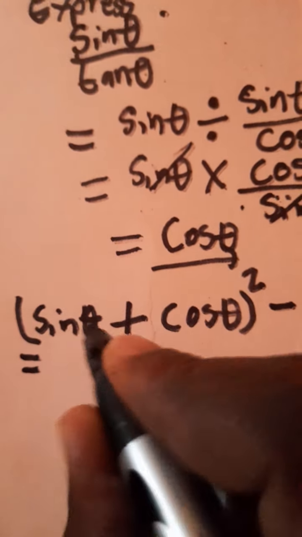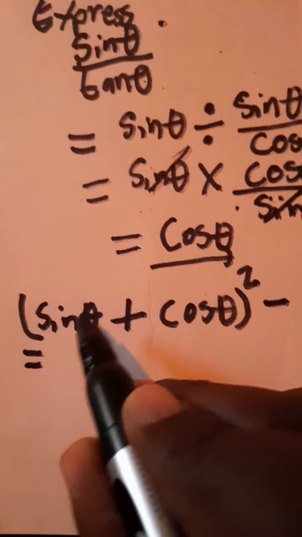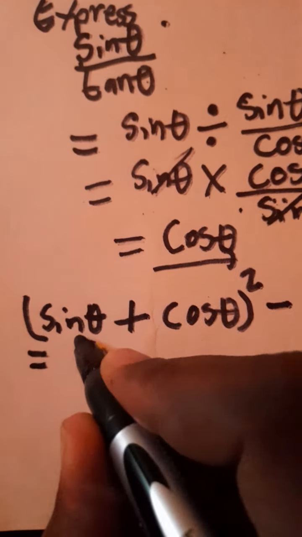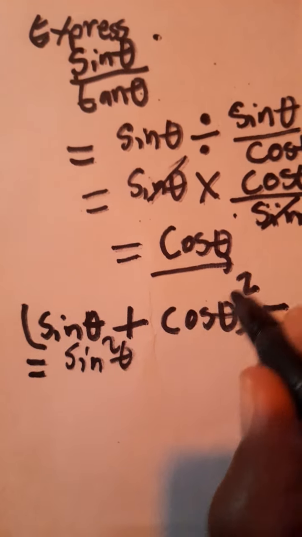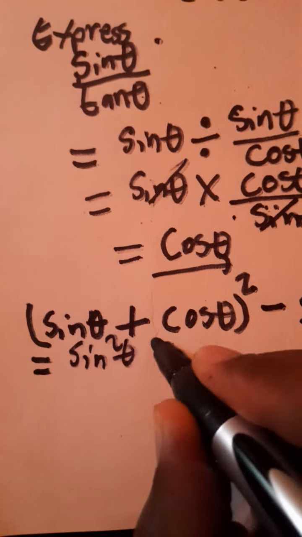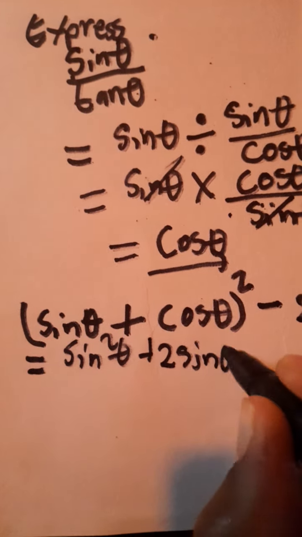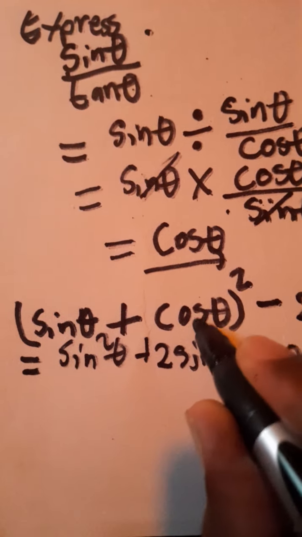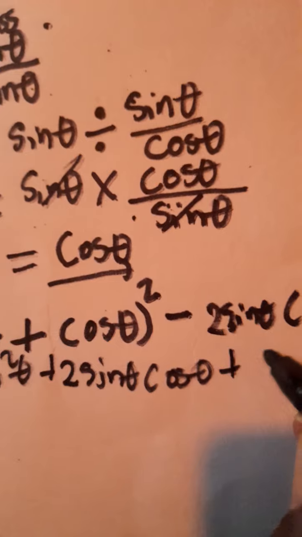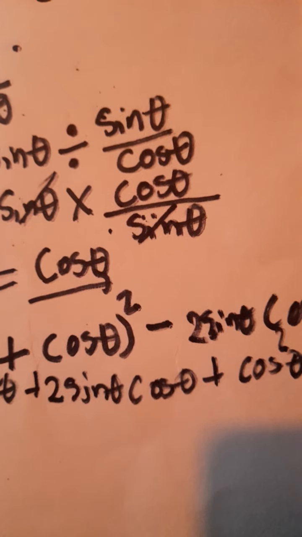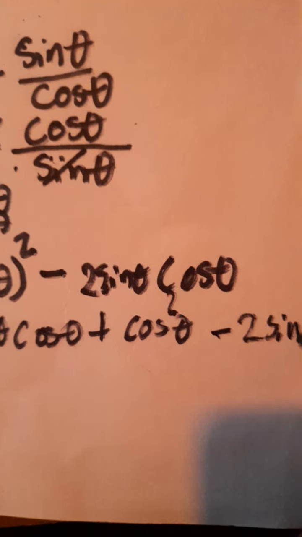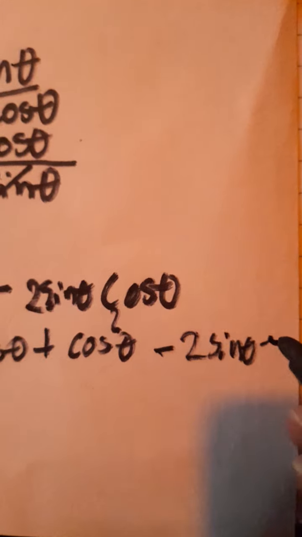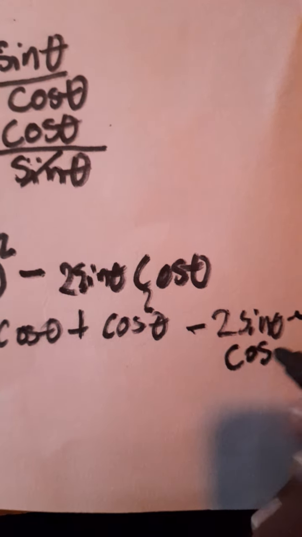Here you will square the first term and the last. When we square sine, it will be sine squared theta. Then 2 will multiply everything inside the bracket: 2 times cos times sine is going to be 2 sine theta cos theta. Then square the last term, which is cos. You're going to have cos squared theta. Then we have minus 2 sine theta multiplied by cos theta.